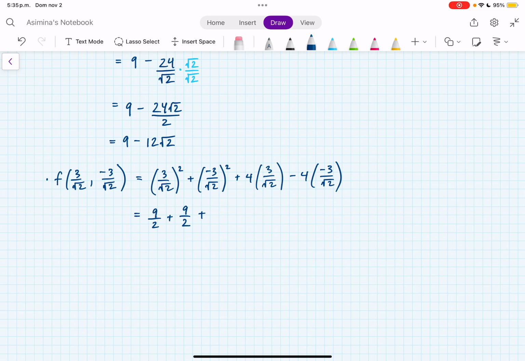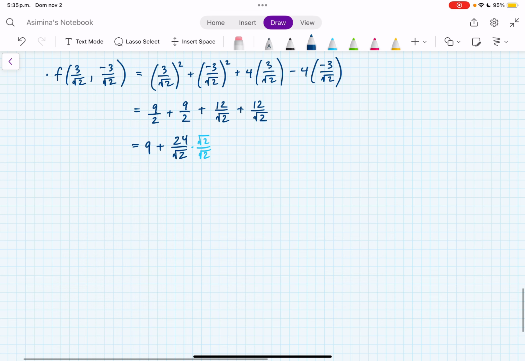This time we get plus 12 over root 2. Now we have negative 4 times negative 3 over root 2, so that's also going to be plus 12 over root 2. So we get 9 plus 24 over root 2. Again, that looks pretty ugly, so I'm going to multiply that fraction by root 2 over root 2. Again, why can we do this? It is multiplying by 1. We're just writing 1 as root 2 over root 2, so we're not changing the value. So this becomes 9 plus 24 root 2 over 2, which is 9 plus 12 root 2.